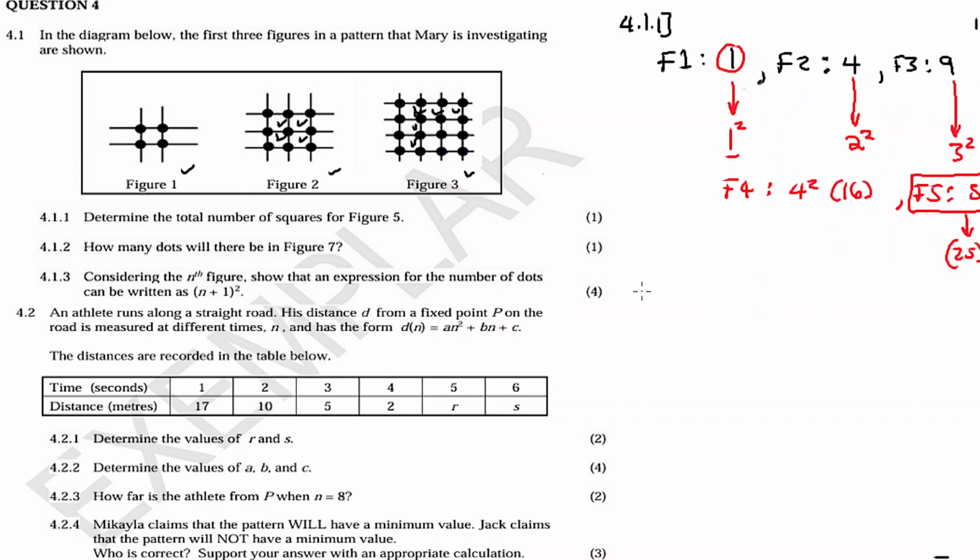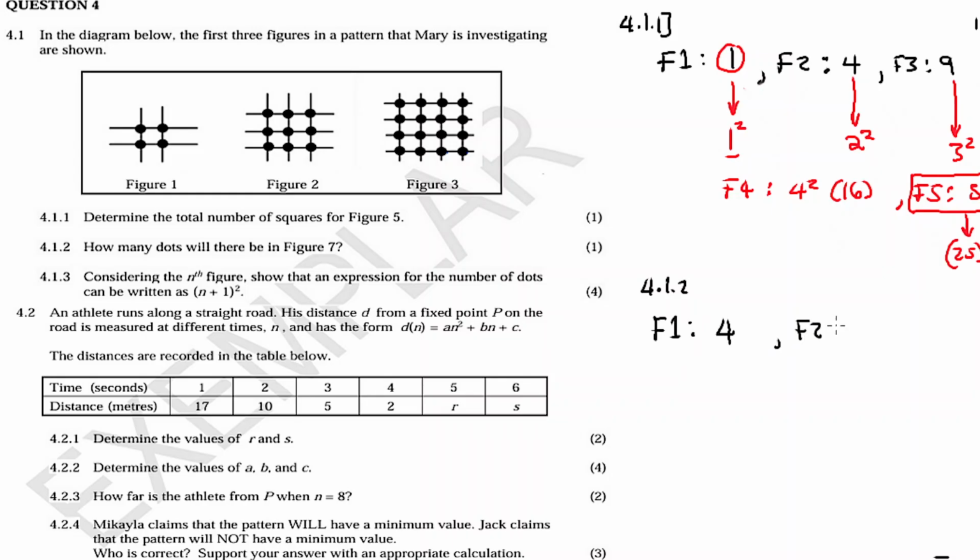Then for 4.1.2, how many dots will there be in figure number 7? Again we count the dots. Instead of looking at the squares, we just look at the dots. Alright, figure number 1, how many dots do we have? 4.